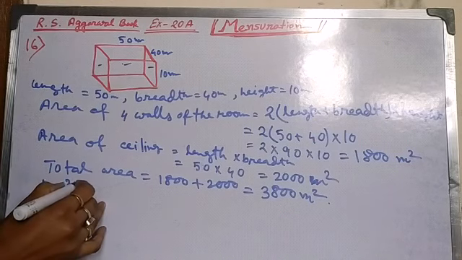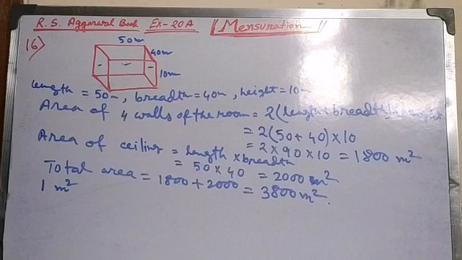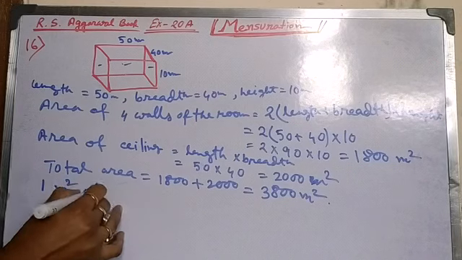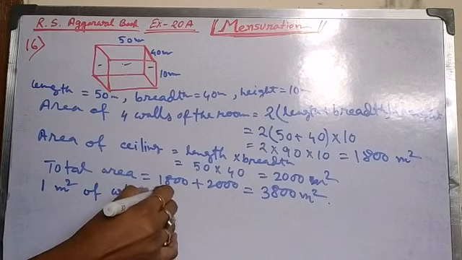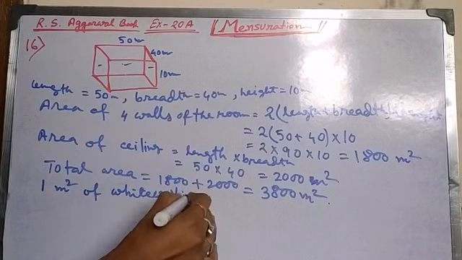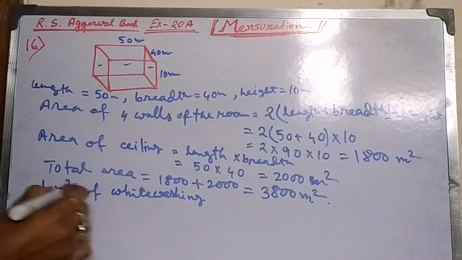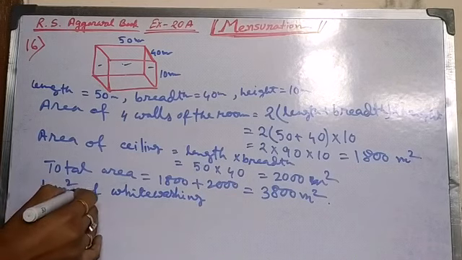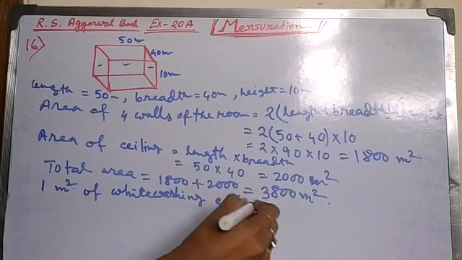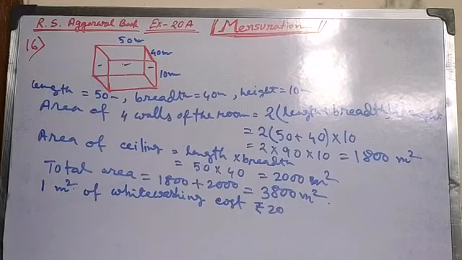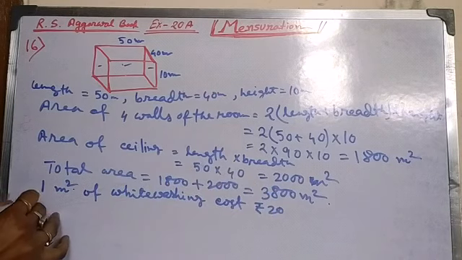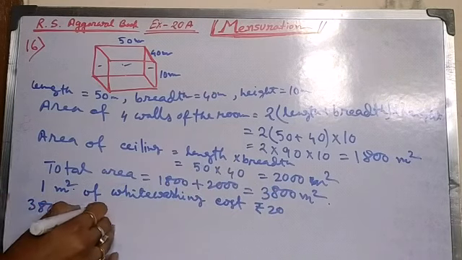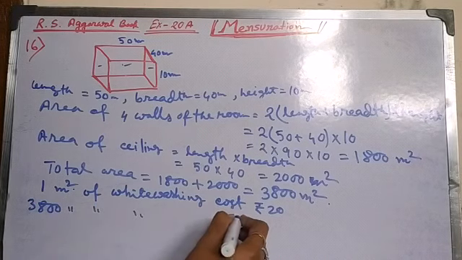1 meter square of whitewashing costs rupees 20. Then what is the cost of 3800 meter square? That will be multiplied.